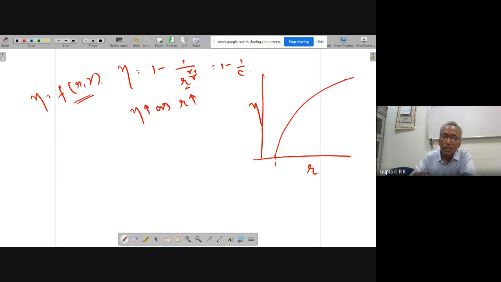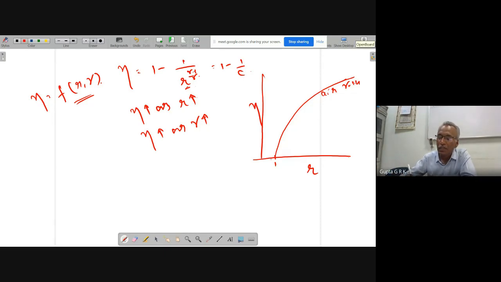And not only that, efficiency is a function of gamma also. So efficiency increases as gamma increases also. You can put two values for gamma and see. For air, gamma equals 1.4, but I can use some other gas which has a higher gamma and see what happens.